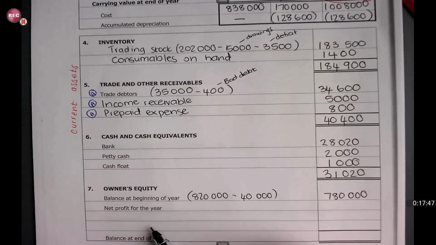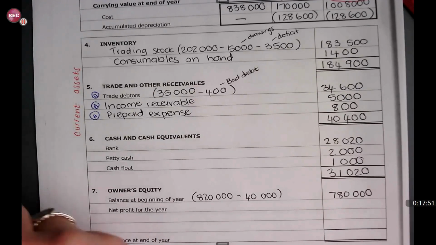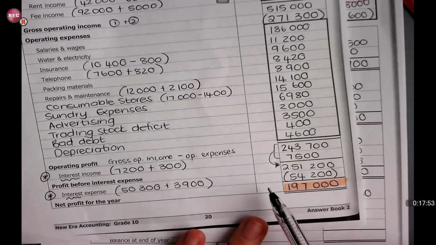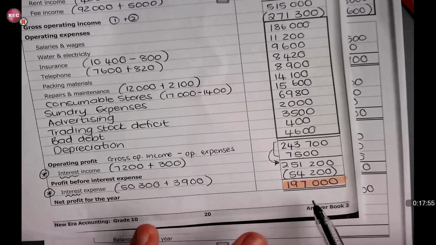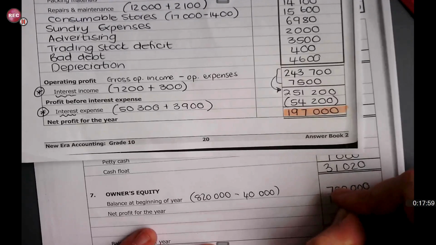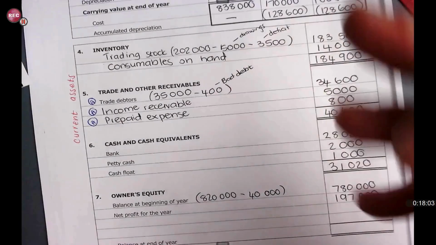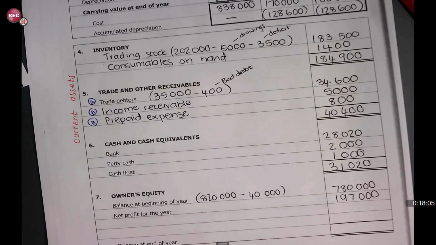Your net profit for the year is going to come from your financial statement. Looking at your income statement at the bottom, it was 197,000 Rand. So I'm going to put that in over there. Then we need to look at, was there any other capital that was added? Yes, there was.